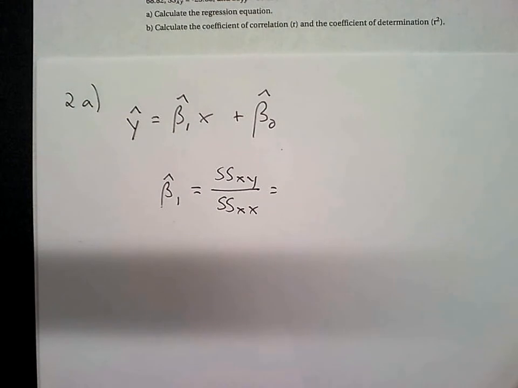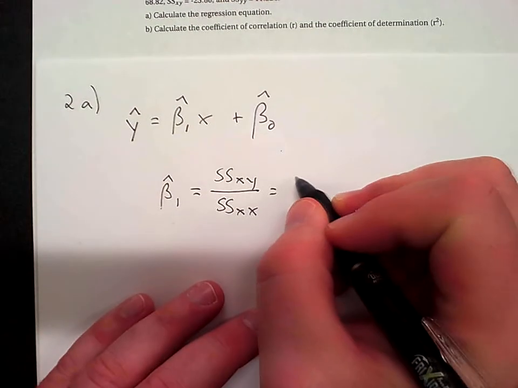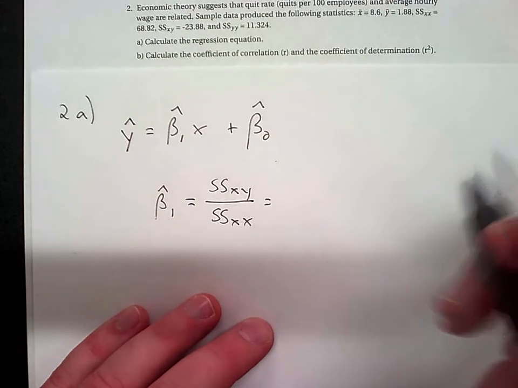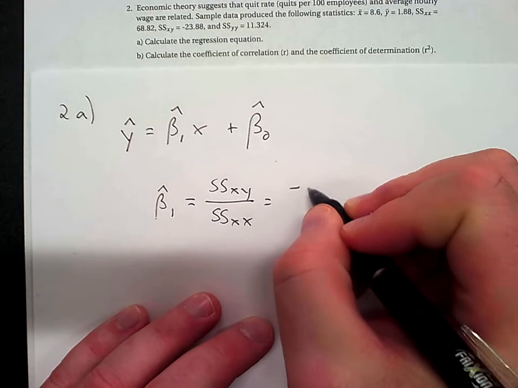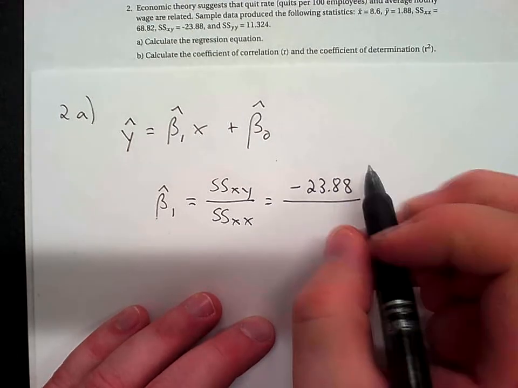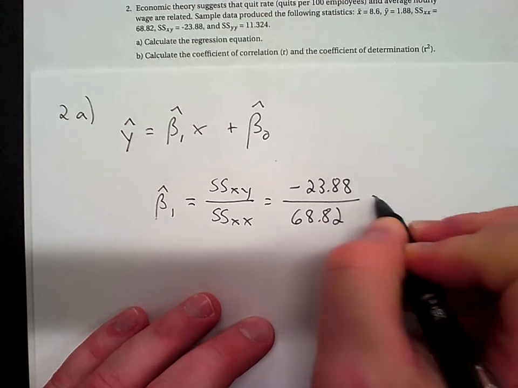Again, the SS stand for the sum of squares. Well, what is SSXY? It tells us what it is in the problem. Let me scroll this down a little bit, that's equal to negative 23.88. And SSXX is equal to 68.82.